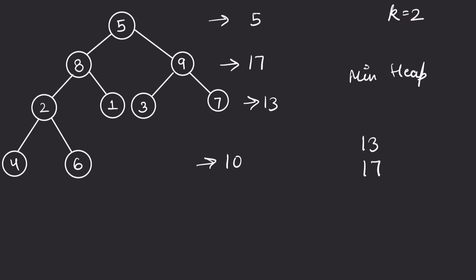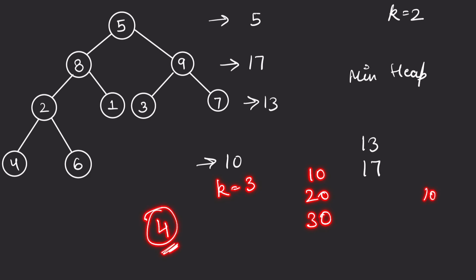Now why are we first pushing the element in the min heap, then checking the size and then popping the extra one out? Because there might be a case where you lose your kth largest sum if you pop the element before. So let's suppose your k was 3 and the heap was containing 10, 20, 30, and your third largest sum was also 10. Now the sum that has come is 4.